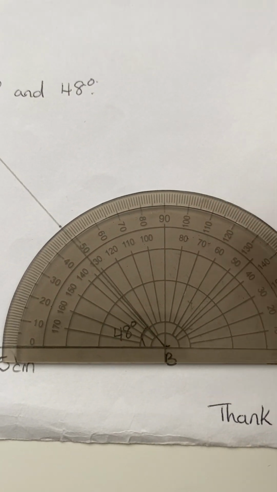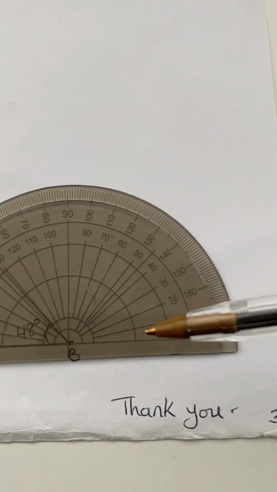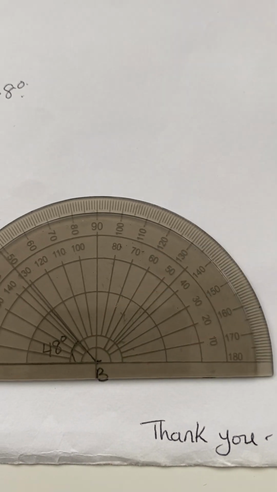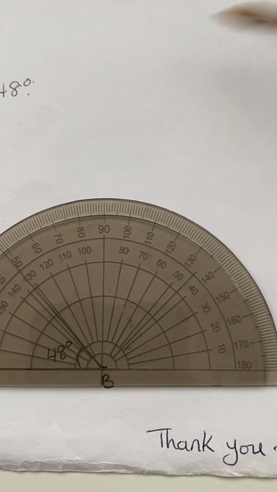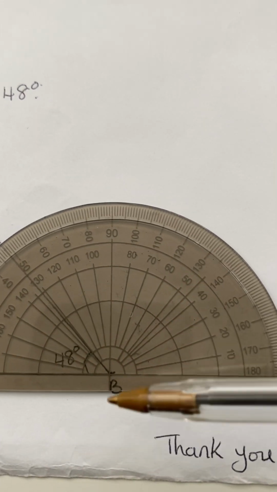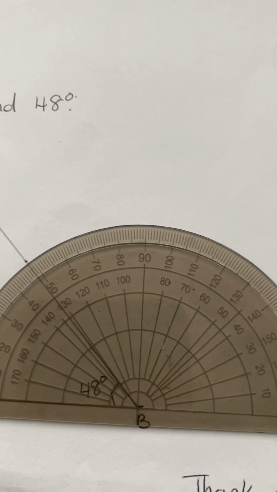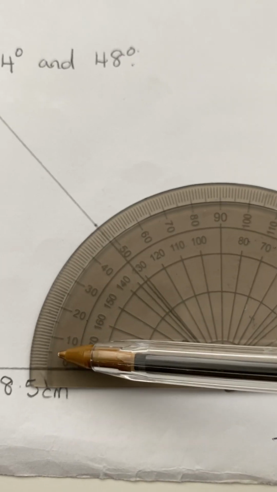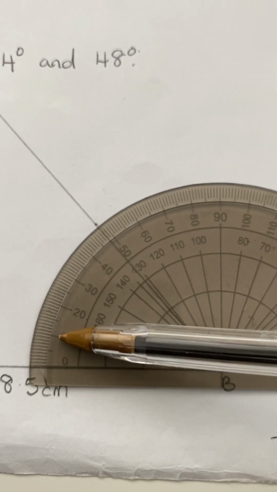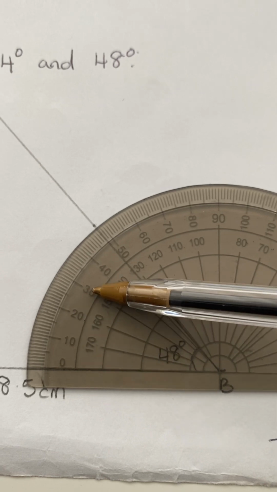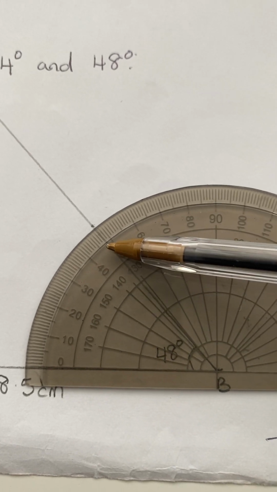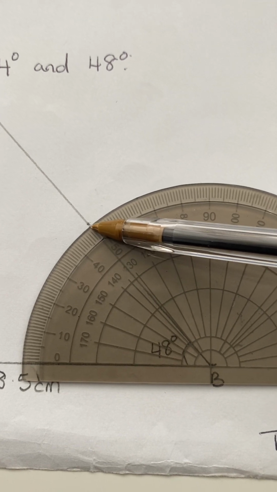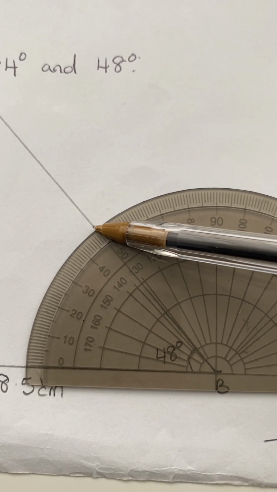As we've seen, if you measure 48 from this side, you are going to get a line going that way, and they will never meet because you are measuring a bigger angle, and you want to measure it from this side. So you have 0, 10, 20, 30, 40, that is 45, that is 50, and that's 48. That is my point I made there.